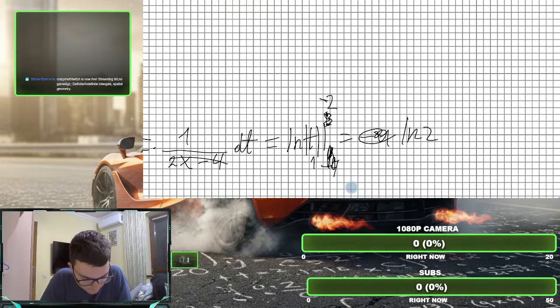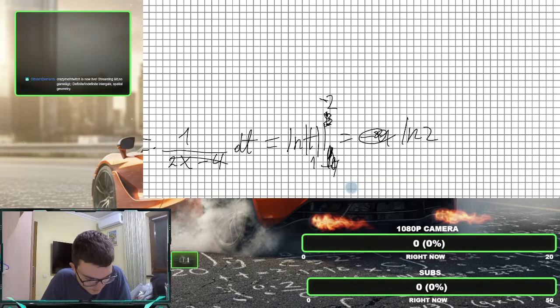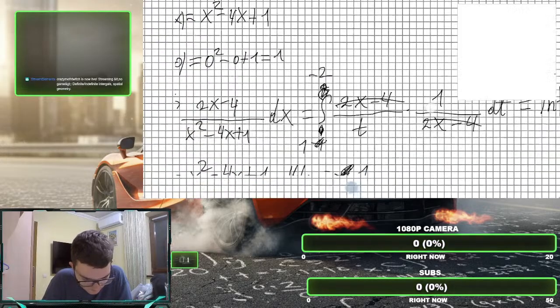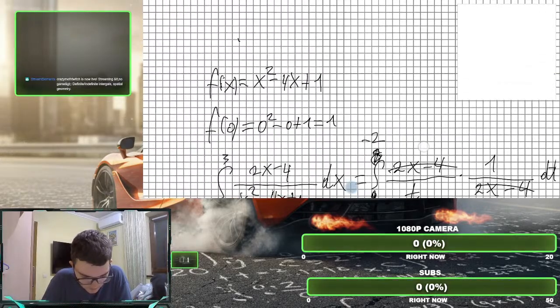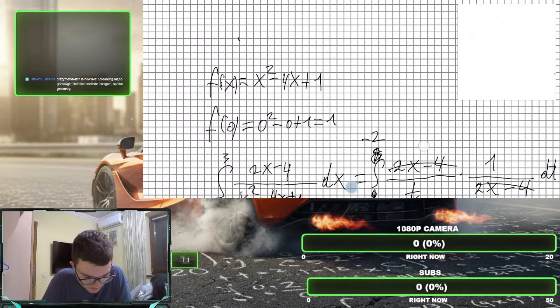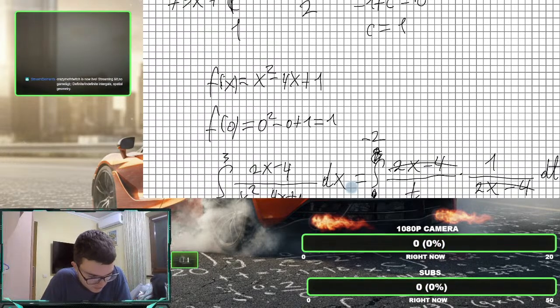Yeah, and now you just have to compare it. 1 is ln of 2, and that is higher than minus 4. So essentially f of 0 is minus 4, or what? How much is f of 0?